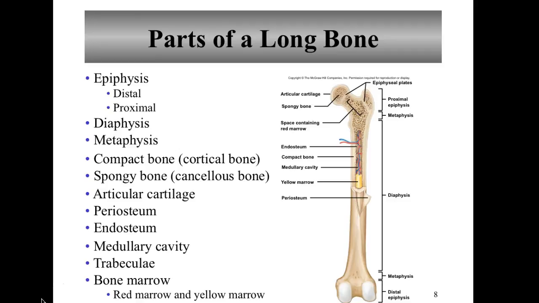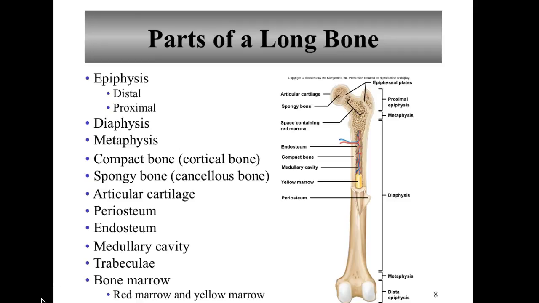Long bones are different from flat bones. Remember that flat bones themselves are covered by a periosteum, which is covered by compact bone, and it's surrounded by an endosteum covered by spongy bone. Except in flat bone, the arrangement looks like a sandwich.